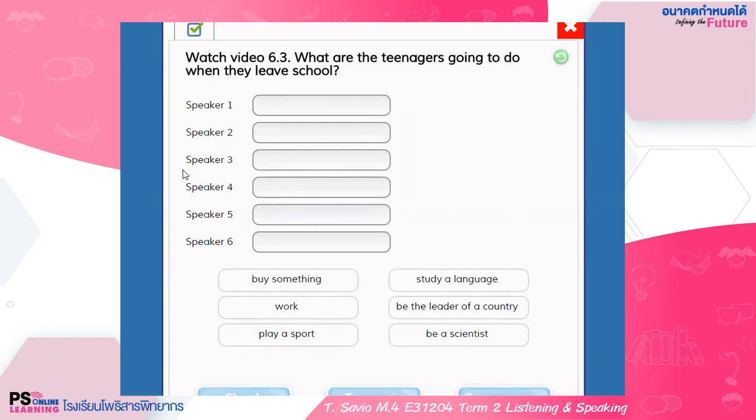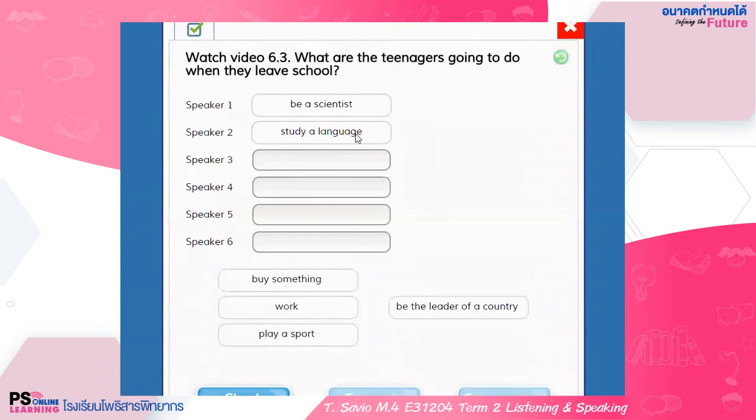Now that we've seen the video, what are the teenagers going to do when they leave school? Speaker number 1 would like to be a scientist. Speaker number 2 wants to study Chinese, so wants to study a language. Speaker number 3 wants to play football, so play a sport. Speaker number 4 wants to buy a bike and travel around with his friend, so buy something.